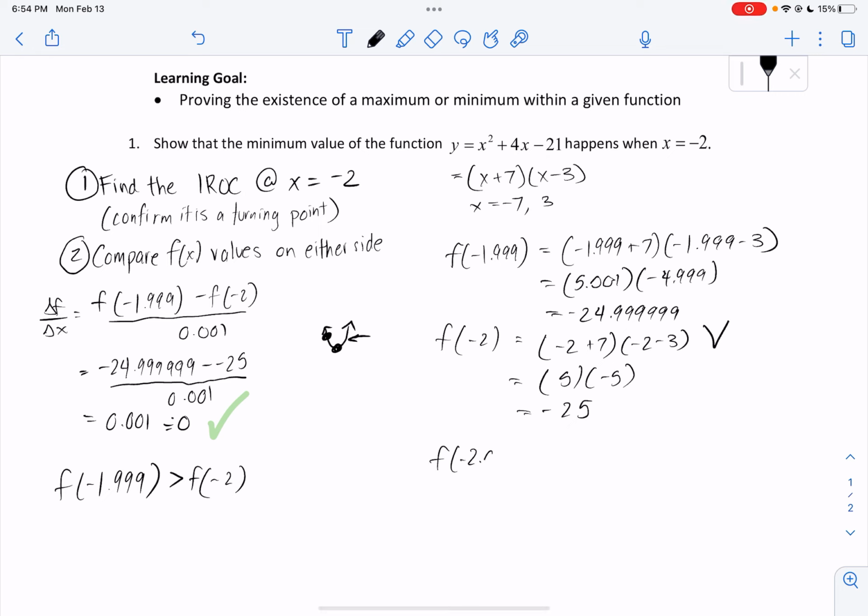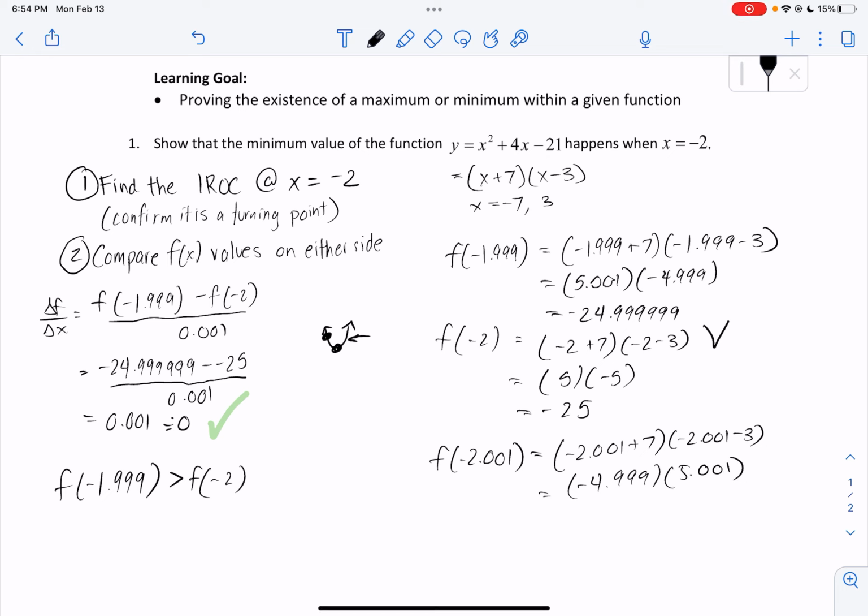And what better way to do that than f at negative 2.001? So I'm going to go negative 2.001 plus 7, then negative 2.001 minus 3. Same thing as I did last time. This will actually be the opposite product, negative 4.999 times positive 5.001.